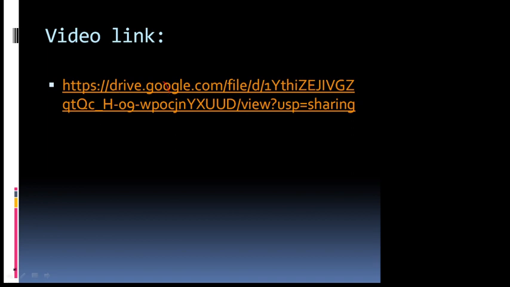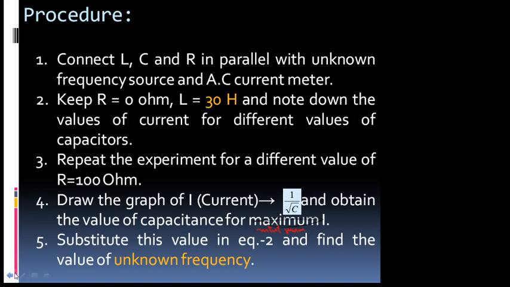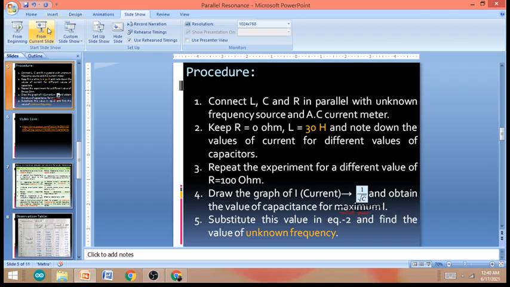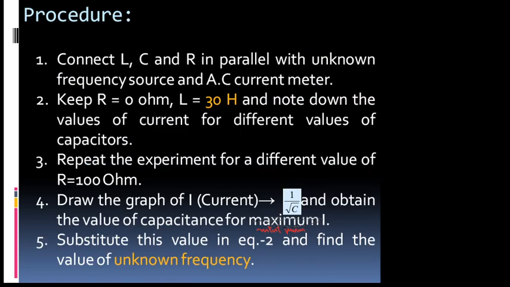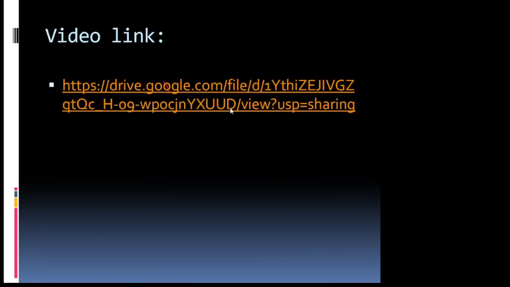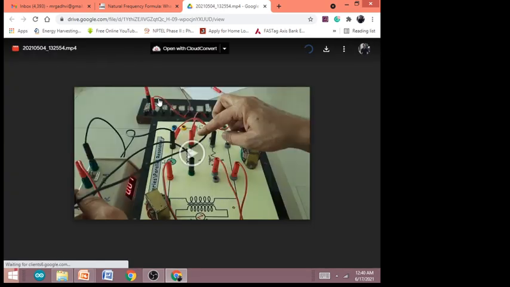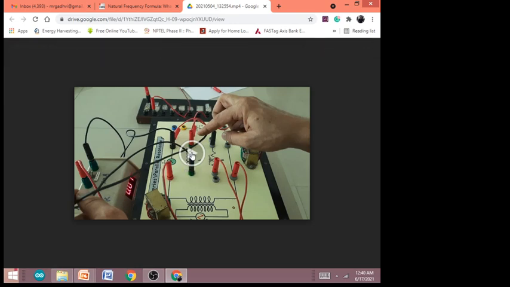So we will be looking at the video again, how exactly you need to take the reading. Just play and listen to how exactly you need to carry out the experiment.